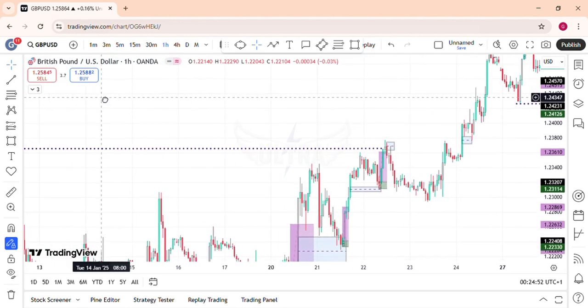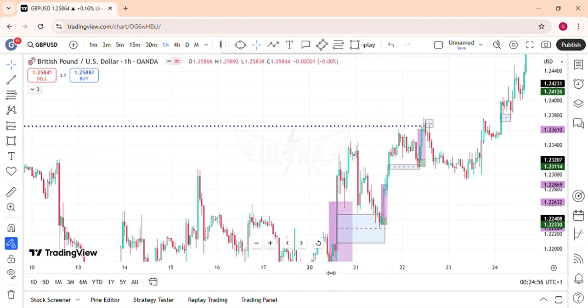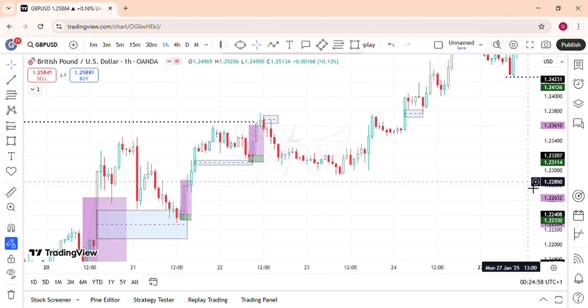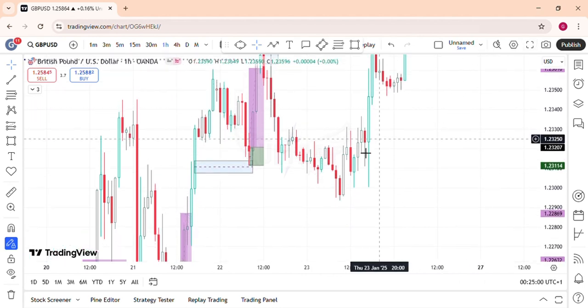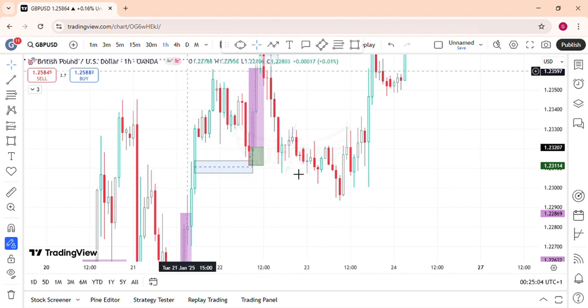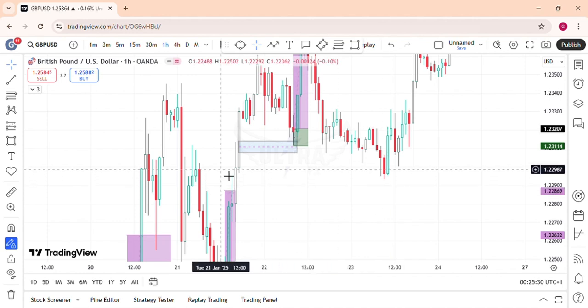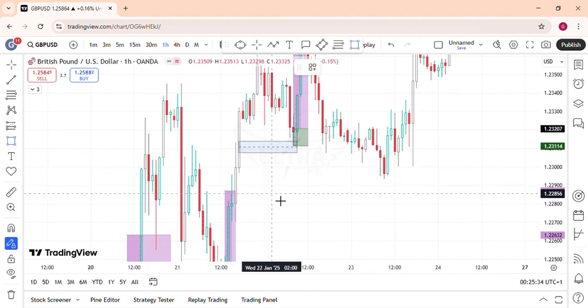So what we need to look for is your entry into that fair value gap. So let's go back to, but before we go back to our 1, we can see this setup here on Thursday 23rd of January, and this is the setup here.